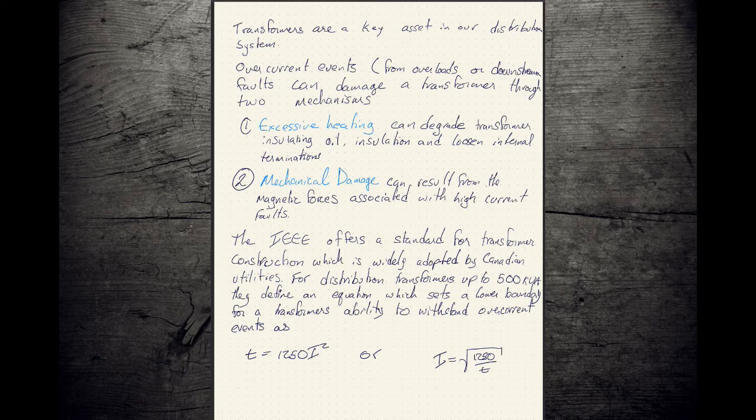That doesn't mean it dies immediately, or gives up violently and suddenly, but it means that you've damaged it. That's the assumption that you have to make. So the objective is to make sure that we don't allow our currents and times to cross that line.